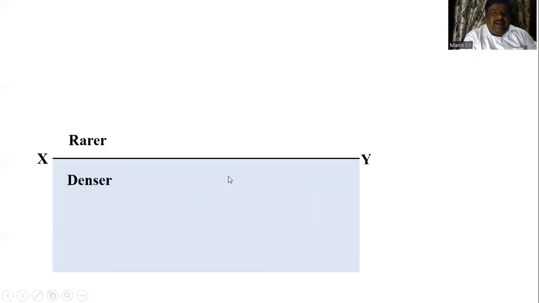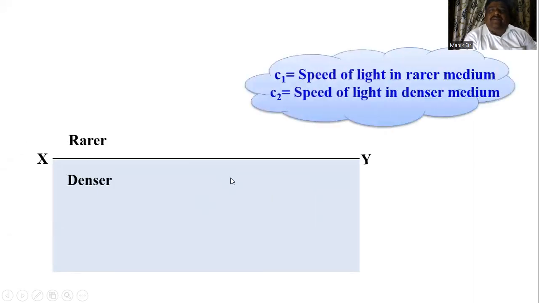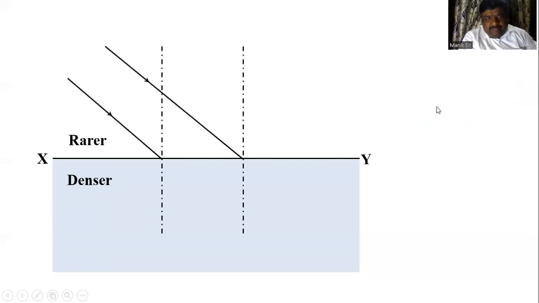This is a rarer medium and this is a denser medium. Now you know that the velocity of light in the rarer medium is greater than the velocity of light in the denser medium. Here C1 is the speed of light in the rarer medium and C2 is the speed of light in the denser medium.